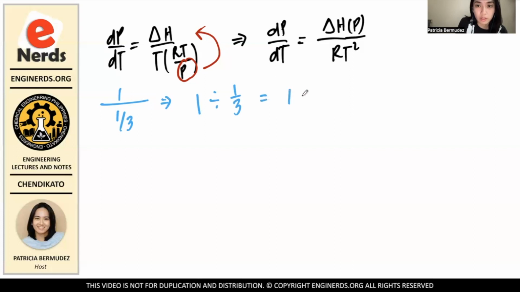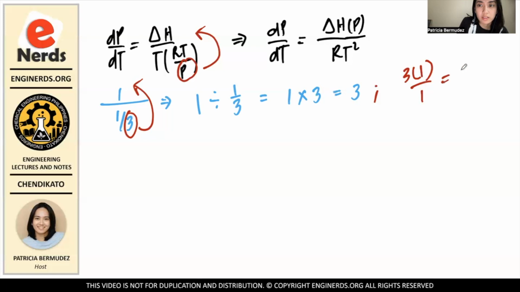It becomes 1 times, and then this one, you take the reciprocal of it. It's 3, right? Therefore, it is 3. And we can say that it is because the 3 is moved to the numerator. That's why it became 3 times 1 over 1, and that is equal to 3. And that is the same principle that is applied in this transformation here.